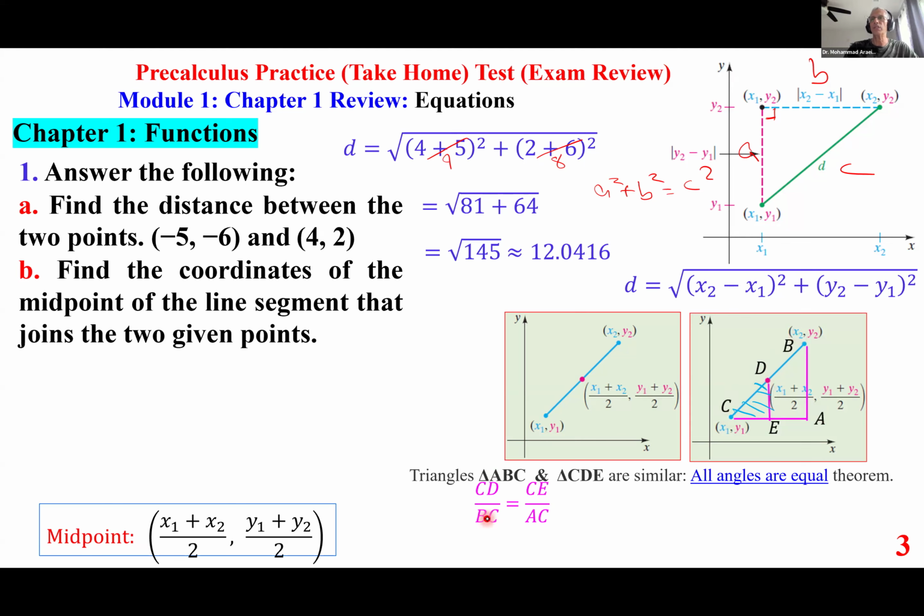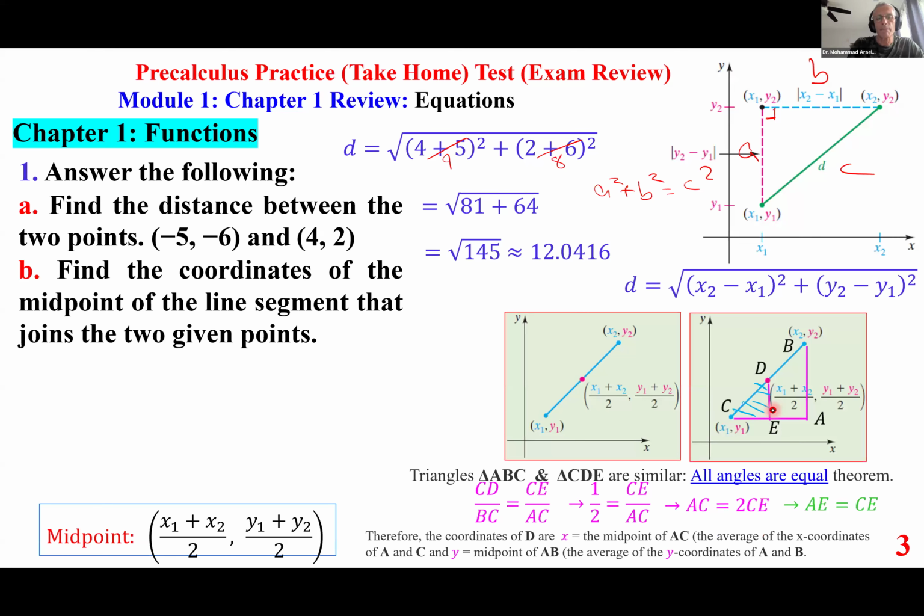That means CD over BC is 1/2. And that means if you do the cross product, AC is 2 times CE. And if AC is 2 times CE, that means this part CE and this part AE must be equal. So that's the midpoint.